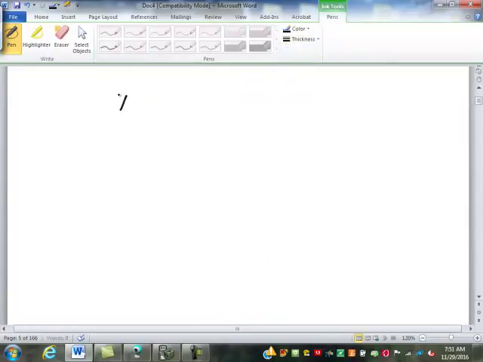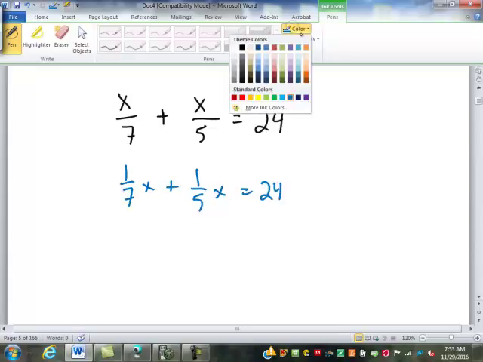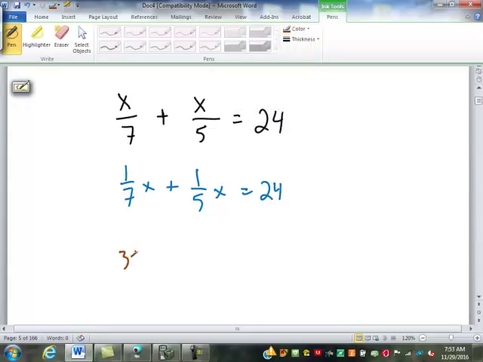So I'm going to have you guys try one. See what you come up with there. So we're going to change this to 1/7 x plus 1/5 x equals 24. What's the common denominator going to be? 35. So 1/7 is 5/35. 1/5 is 7/35.